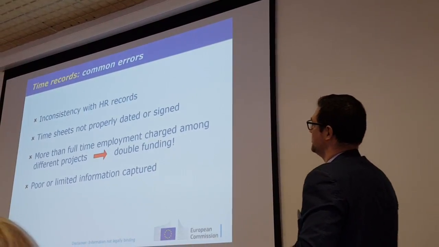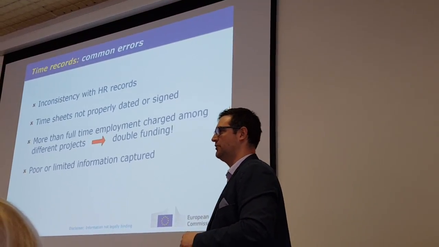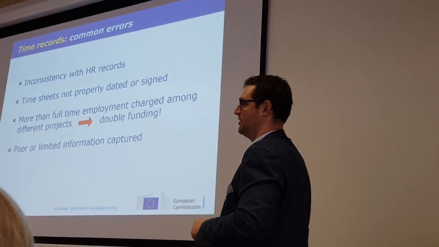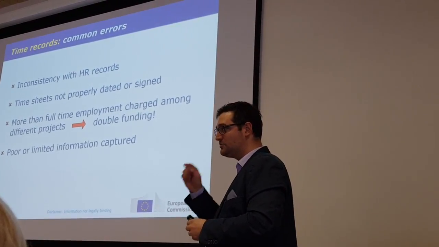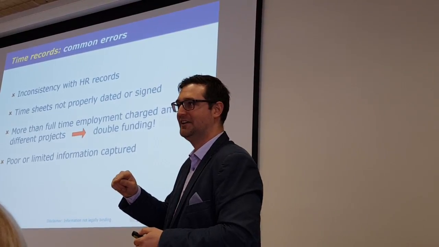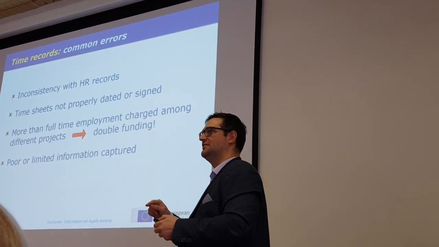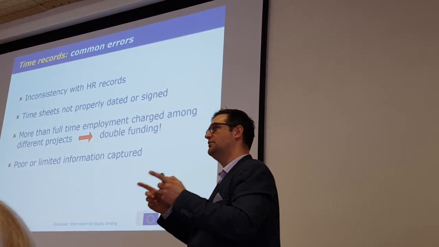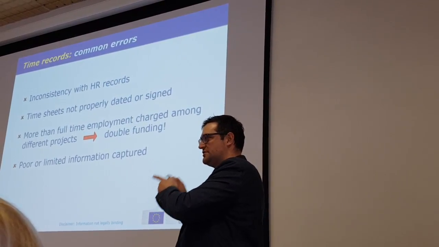What are the common errors when it comes to time recording? Inconsistency with the human resources records. So if the auditor comes for an audit, he's going to check if your timesheet is in line with what they find in the human resources records.